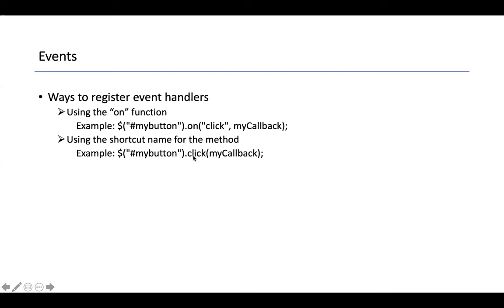Or jQuery provides essentially shortcut names for most of the HTML events. And the shortcut name is exactly the same as the HTML event name. So this is a function that associates the my callback function with the click event for my button. And again, if this is returning a list of objects, then it would add this callback function to every HTML element in the list.